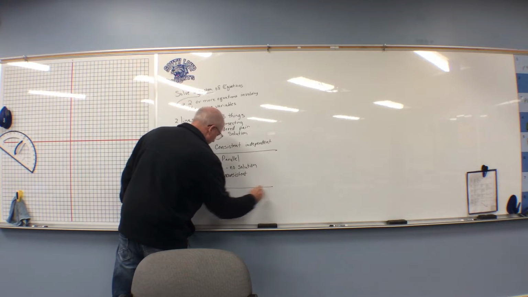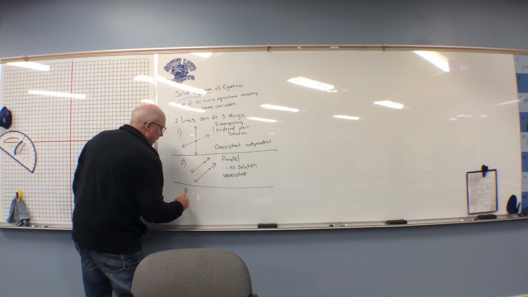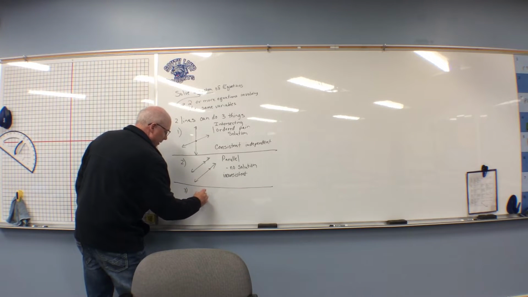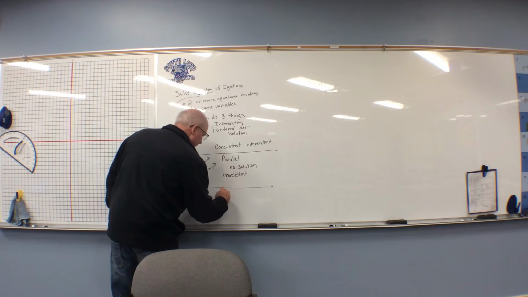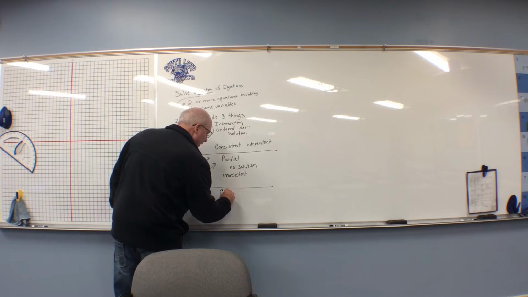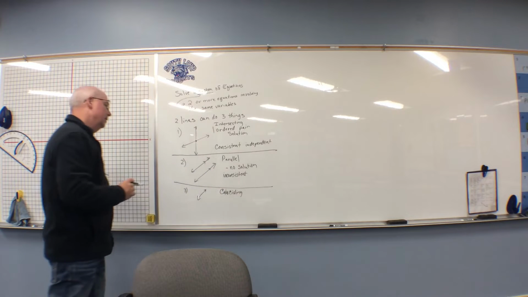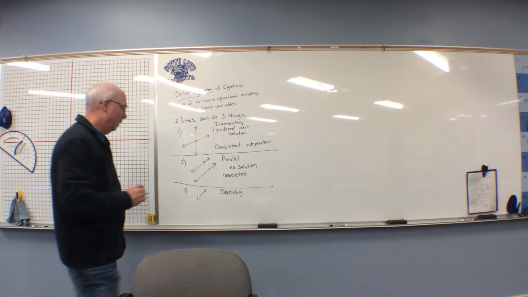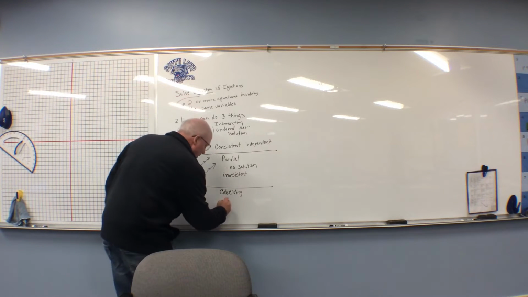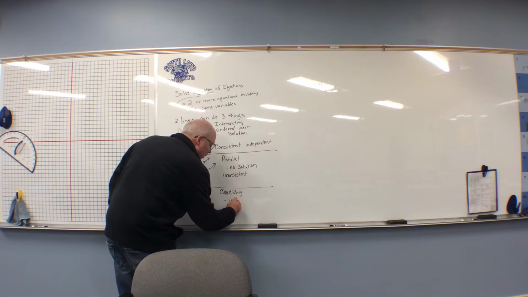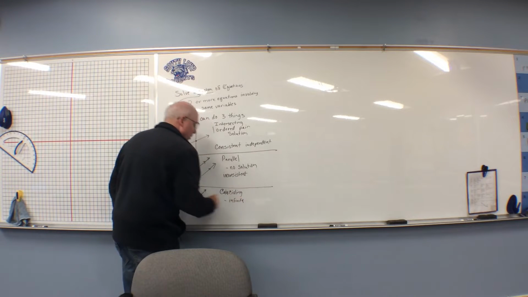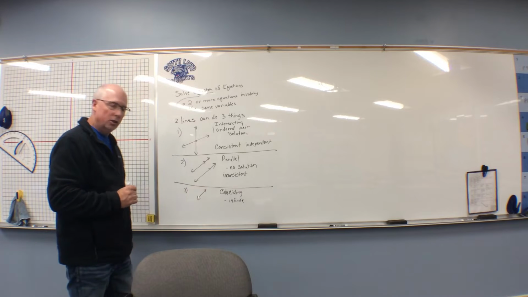The third way that we can do it is if a line ends up on top of a line, and these are called coinciding lines. Let me spell that for you if you can't read it. C-O-I-N-C-I-D-I-N-G, coinciding lines. Coinciding has infinite solutions, so all of these points are solutions.